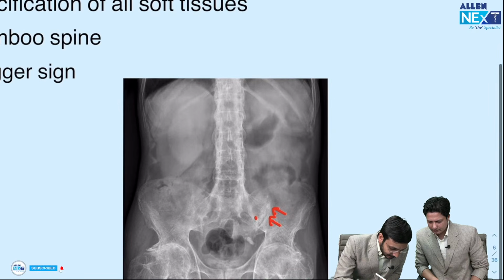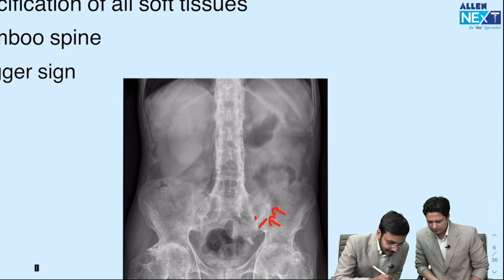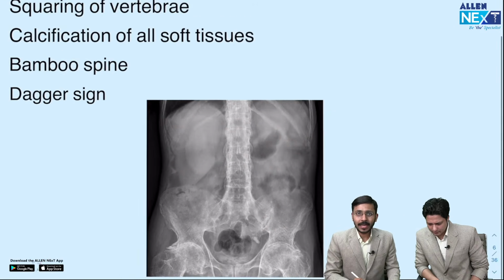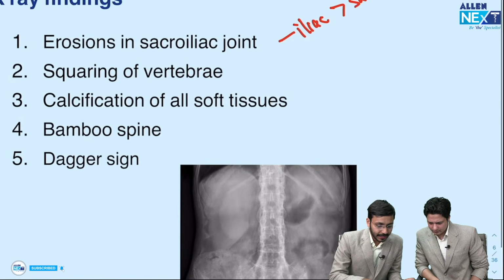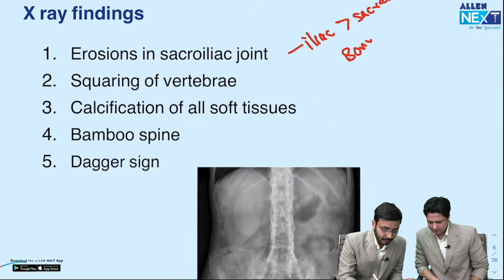As you can see in this image, there are these erosions along the SI joint, and there is joint space narrowing, and later on the SI joint fuses. So there is bony ankylosis at a later stage.